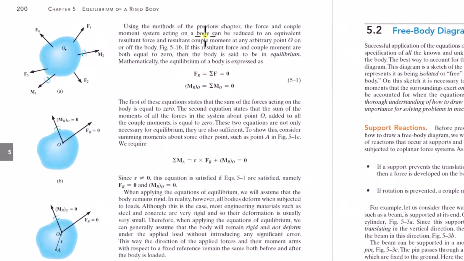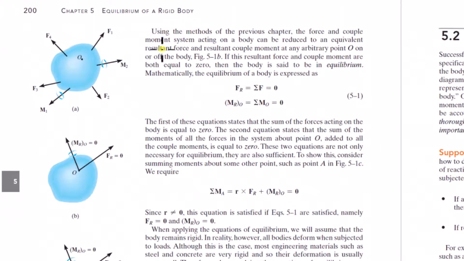Using the methods of the previous chapter, the force and couple moment system acting on a body can be reduced to an equivalent resultant force and resultant couple moment at any arbitrary point O on or off the body, right? Any general force and couple moment system, you can reduce to a force and couple moment at a point, and it can be on or off the body, that point. If this resultant force and couple moment are both equal to 0, then the body is said to be in equilibrium.